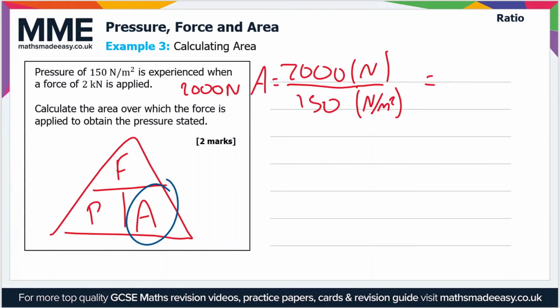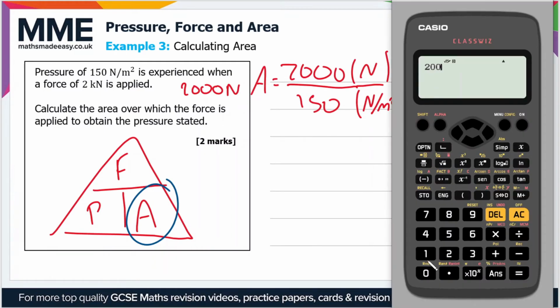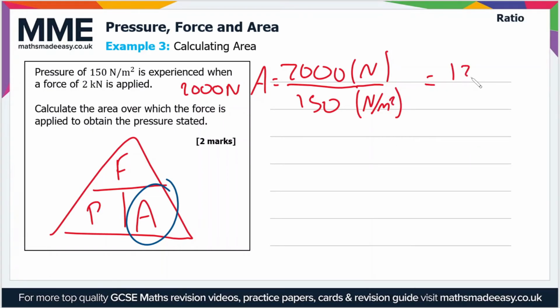So if we put that into the calculator, 2000 divided by 150, that gives us 13.3 recurring, or 13.3 to 3 significant figures. Now the units will be metres squared, because our units of pressure are newtons per metre squared.